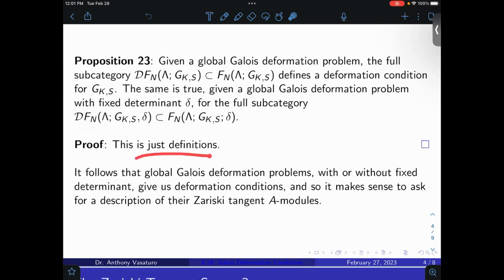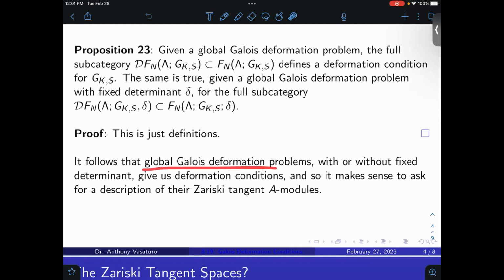And really the proof of this is just definitions. There's nothing too interesting going on here. Okay, this is basically the content of the last couple of videos. If you satisfy the three major conditions, then the corresponding space of representations will be a deformation condition. Okay, it follows that global Galois deformation problems, with or without fixed determinant, give us deformation conditions.